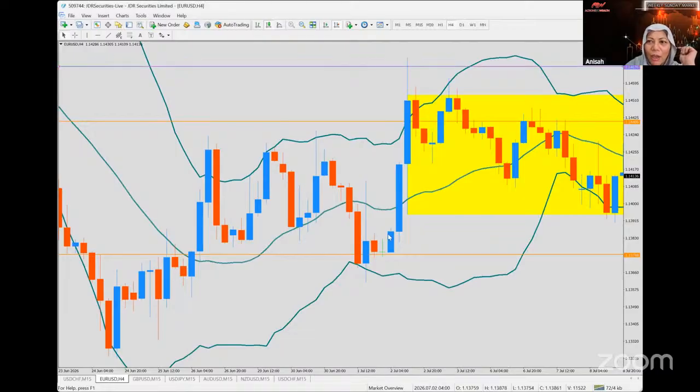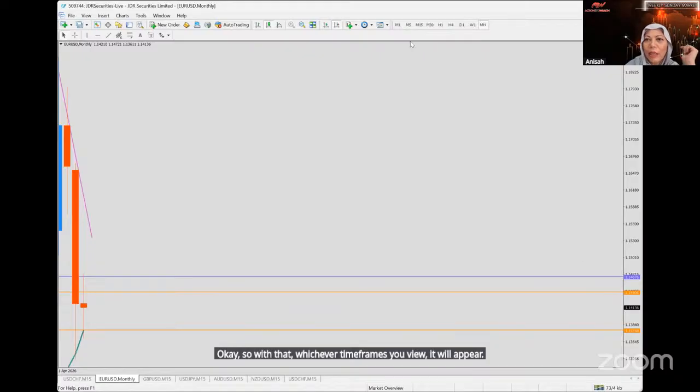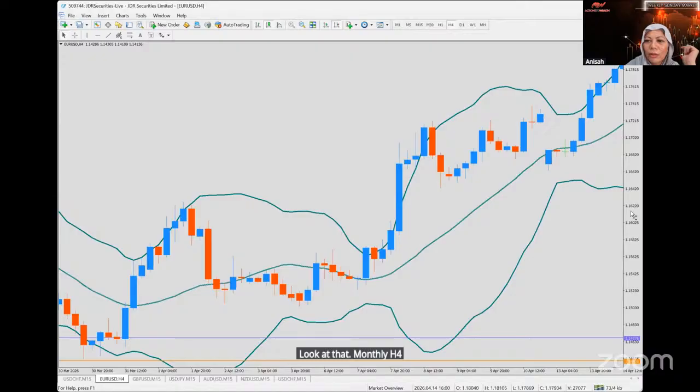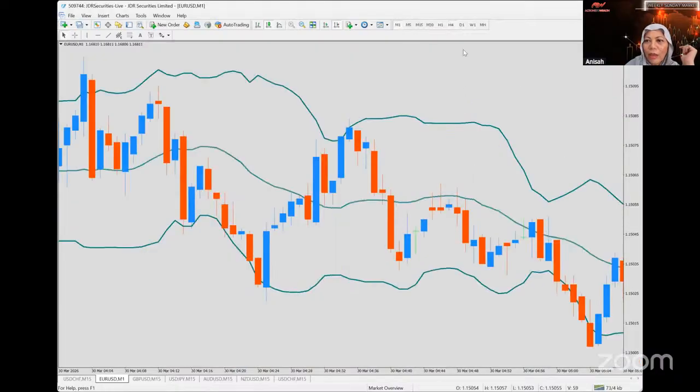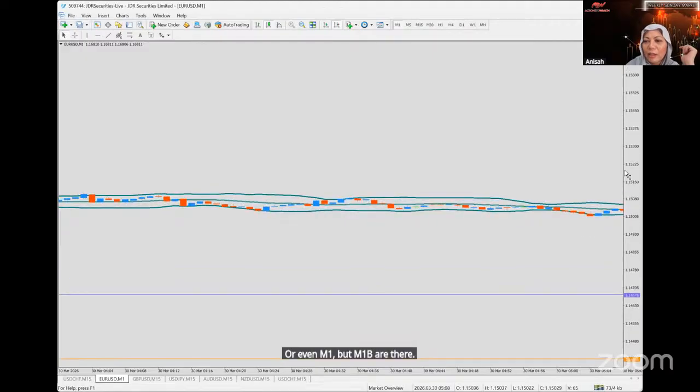With that, whichever time frame you view, it will appear. Look at that: monthly, H4, or even M1. So that's what the orange line is for, okay, Ray?